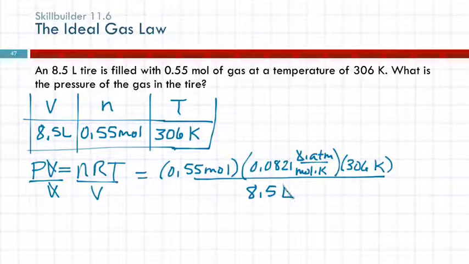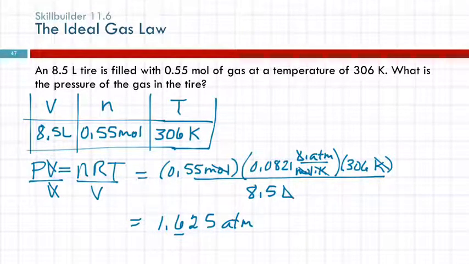Cross them out. 0.55 times 0.0821 times 306 divided by 8.5. 1.625 should have 2 sig figs, and the only unit that isn't crossed off is atmospheres, so that's my pressure, 1.6 atmospheres.